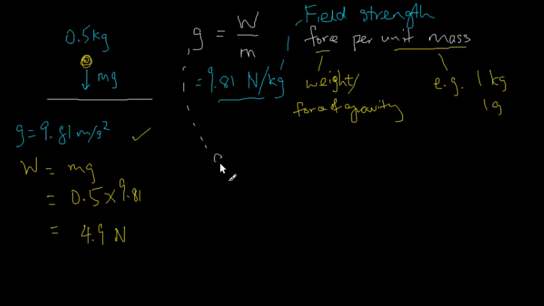So to make it more general, I can also write the formula as F over m, force divided by mass, where we now understand the force to be the force from this field. In this example, the force would be a gravitational force. It can be from another mass. It doesn't have to be from the ground. It can be from the moon, from the sun.